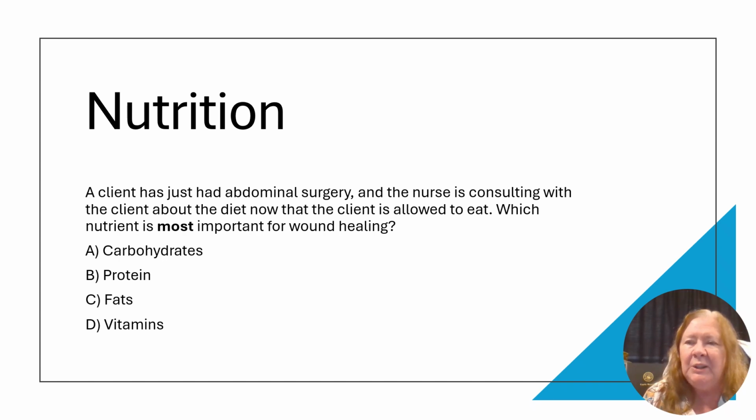Complete proteins contain sufficient amounts of the essential amino acids to maintain body tissues and to promote growth. So what foods are excellent sources of protein? Think poultry, which is chicken, fish, eggs, dairy, and plant-based options like legumes, nuts, and seeds.